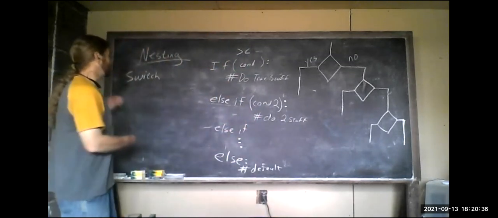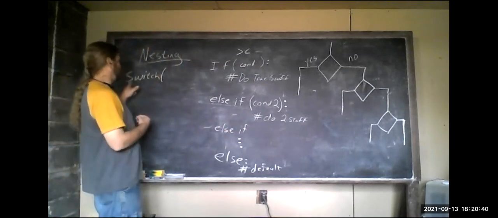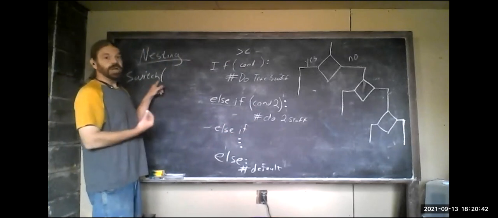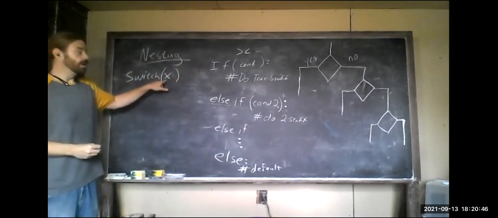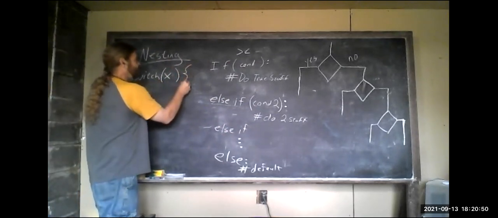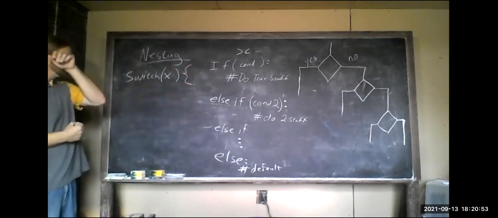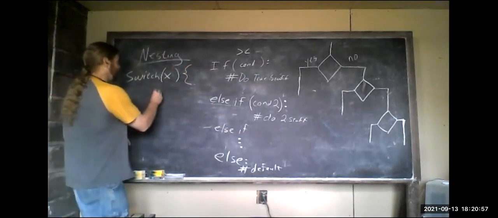But in some of our languages, a switch case is faster because of how machines work. We'll switch on some value, maybe we have something stored in this variable called X. I'm going to use curly braces to help indicate it's not a Python thing. And then we can check every case of what we expect X to be.